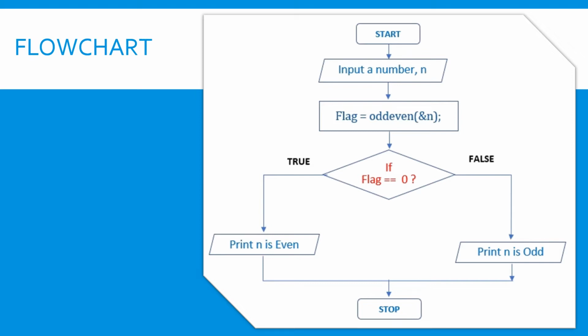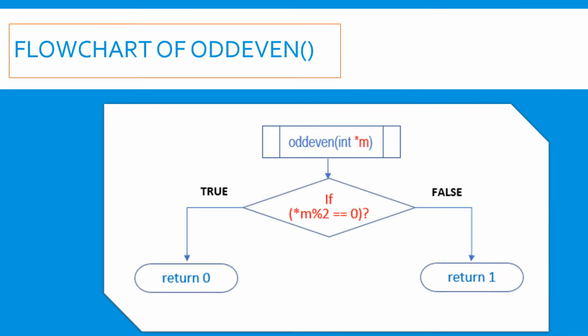Now let's see what is taking place in the odd even function. In the function odd even, we have a variable star m. A pointer variable is used for storing the address of variable n passed from the main function. Now with the help of the pointer mechanism, we are going to access the content in variable n with the usage star m.